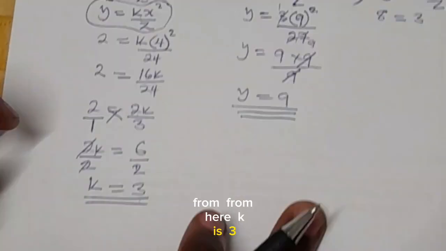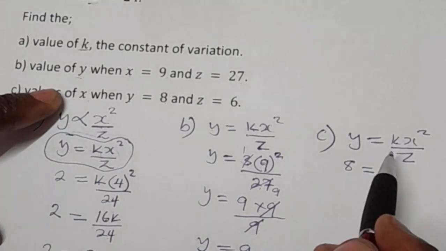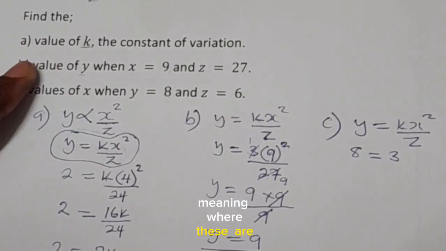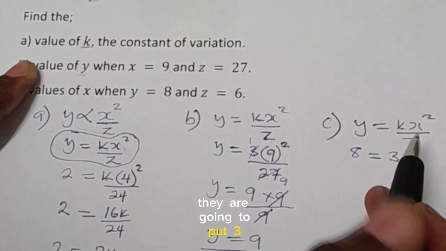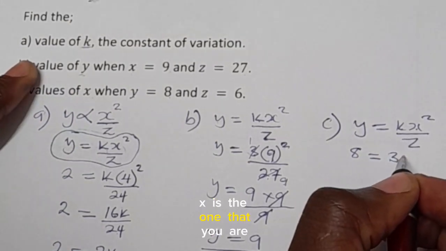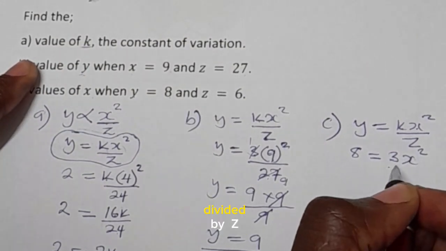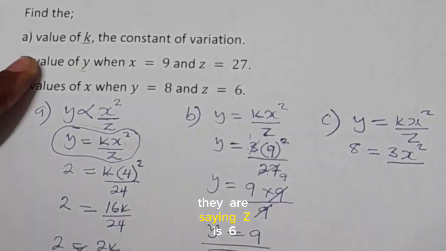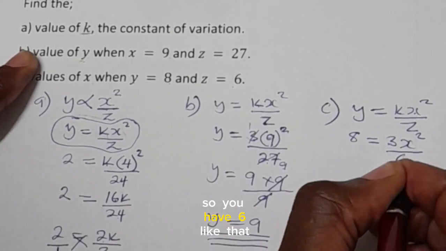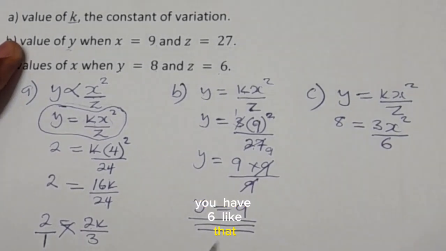So where there is k, we're going to put 3. Then x squared, x is the one that we are looking for. So 3 times x squared divided by z. They are saying z is 6, so you have 6 like that.